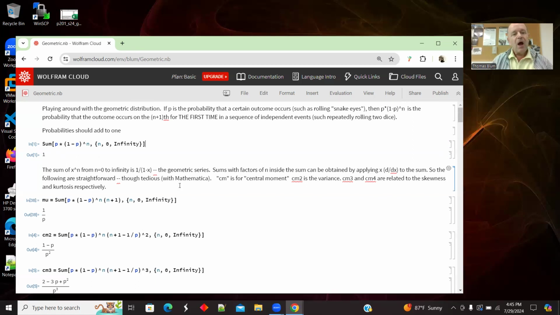Now we want to start looking at means and variances and things like that. If I want to find the mean, then I have my probabilities, and I multiply them by n plus one, because I had n failures and one success.